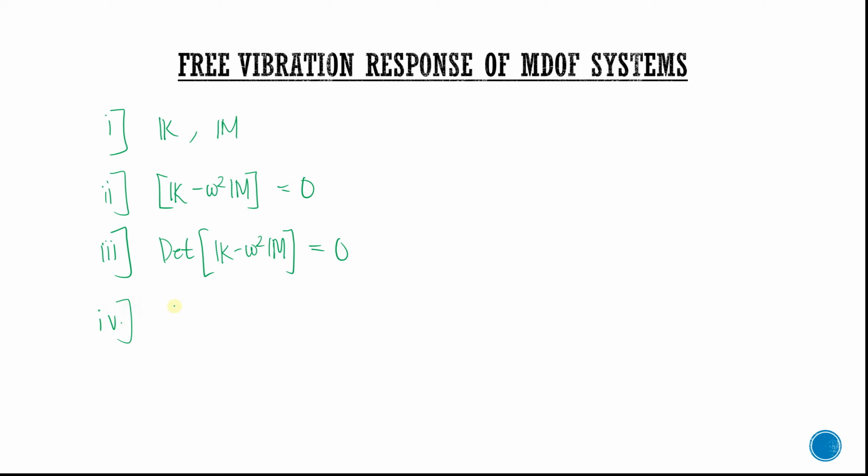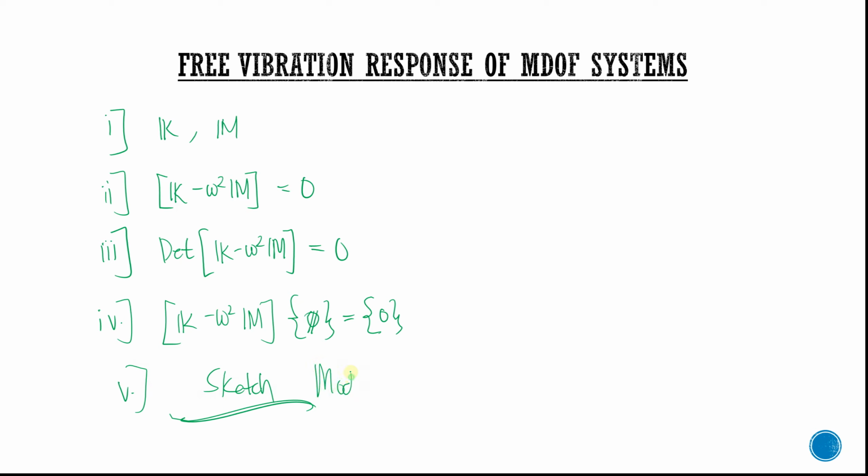And then afterwards, you'll be able to calculate the mode shape factor by using this equation: the stiffness matrix minus omega squared times the mass matrix times the mode shape vector is equal to the null vector. And eventually, you'll just get the mode shape of the system.